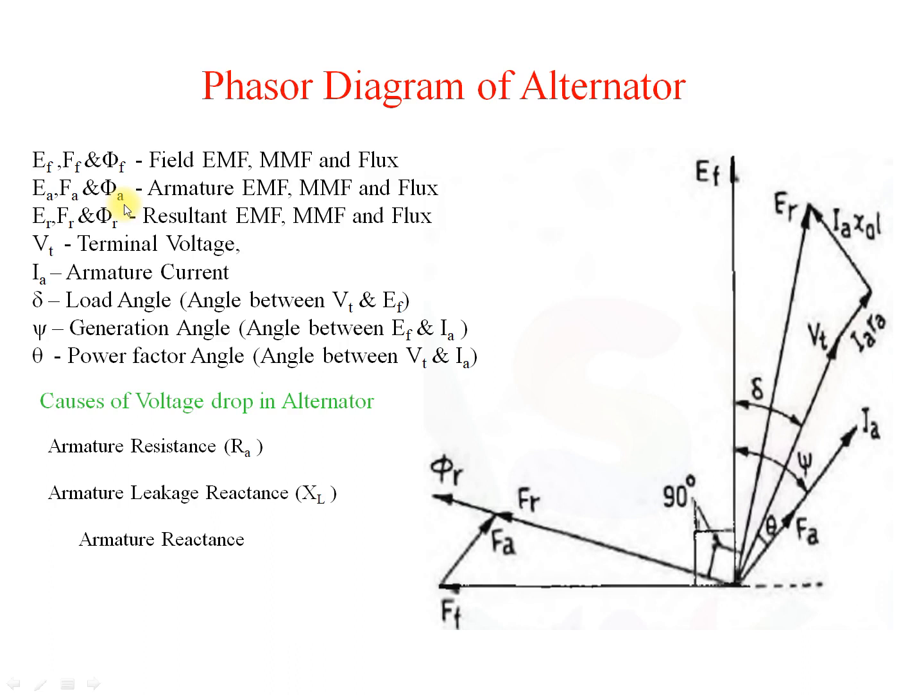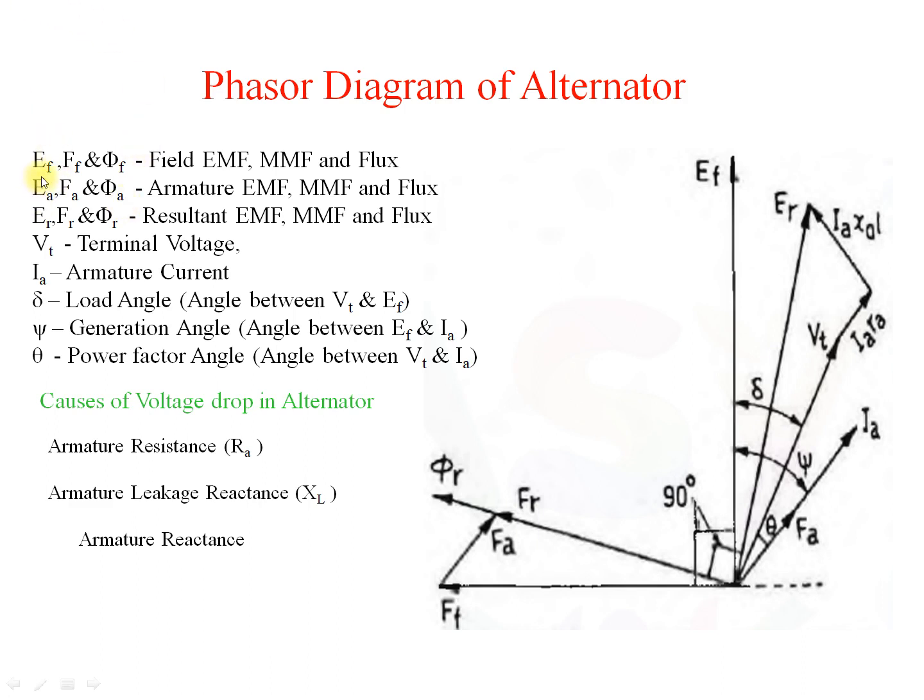In order to study those reasons, we need to first investigate the phasor diagram of an alternator, and we need to look at the reasons for those voltage drops in the alternator due to the loading.